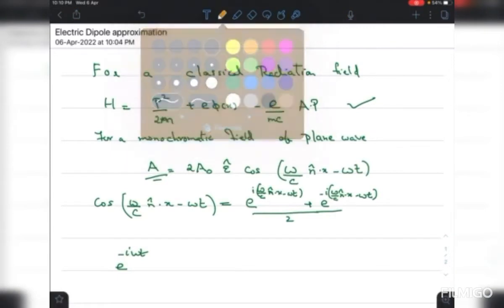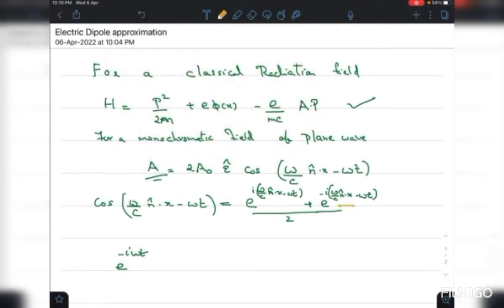You can see that it is here. The coefficient is e raised to i omega by c n dot x. So we are going to focus on this aspect, e raised to i omega by c n dot x, for the electric dipole approximation.